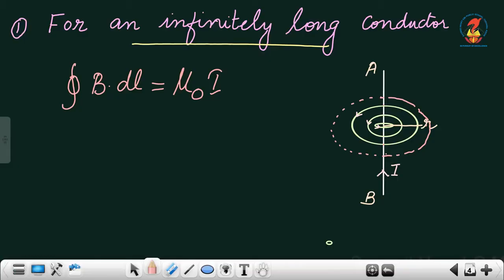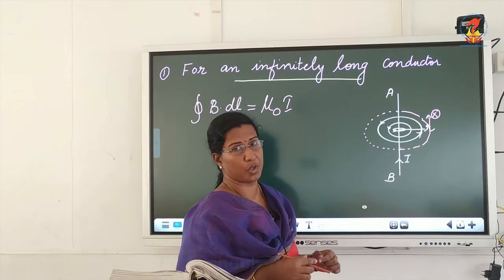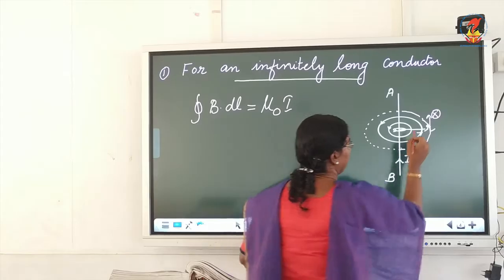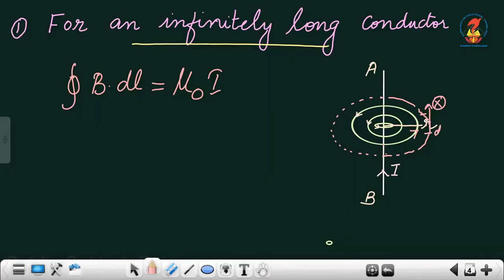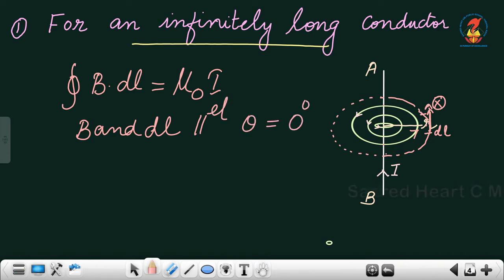If I take this point, the field is going into the plane of the board, so I will put a cross mark. Now I take a small portion of my Amperian loop, dl. dl is also going like this, which means B and dl are parallel. So theta is equal to 0 degrees.